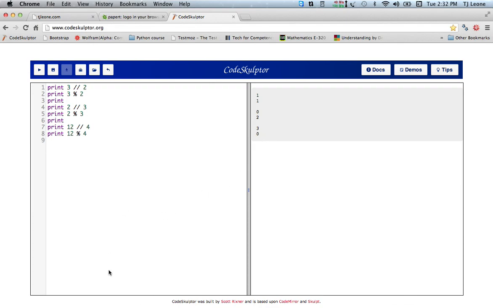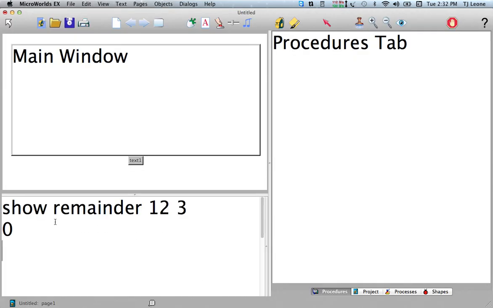So one last thing we also had in microworlds that we have in Python is the idea of using parentheses to control the order of operations. So just like in algebra you learned PEMDAS for the order of operations, or in arithmetic you might have learned this.